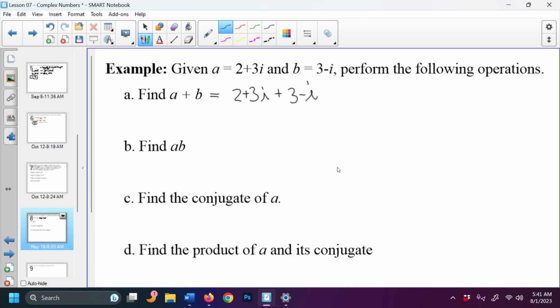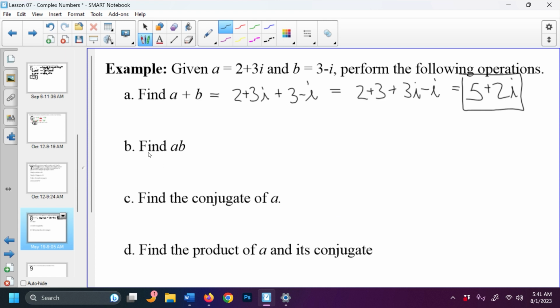In this case, we're going to collect the real parts and the imaginary parts. This step you could probably skip, but just to show it, I'm going to add my real parts, 2 plus 3, and my imaginary parts, 3i minus i, and I will collect everything together. 2 plus 3 is 5, and then 3i minus i is just 2i.